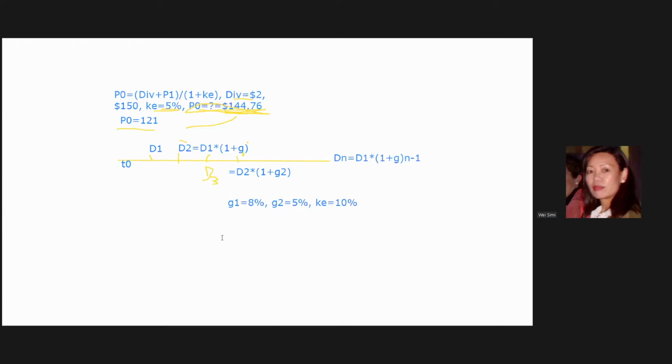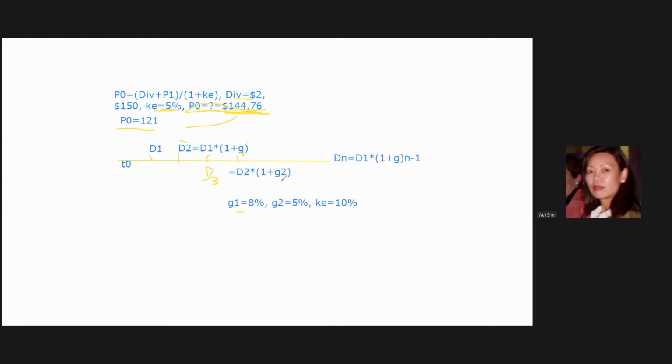So now can you figure out, let's say this again, very difficult. In the beginning, in these 2 periods, 1 and 2 here, the company is growing at G1, this number. After that, starting from D3, 3 years later, it starts growing at G2, slowing down.